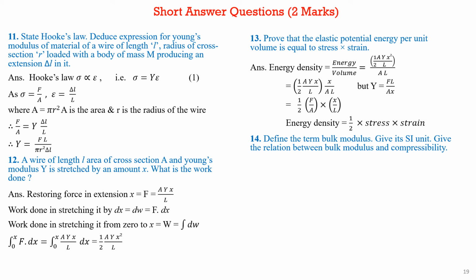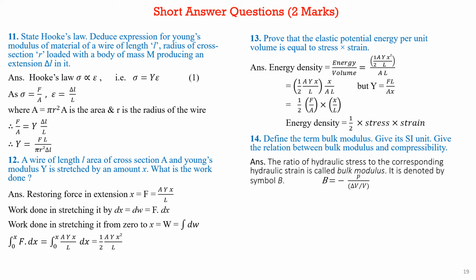Question number 14. Define the term bulk modulus. Give its SI unit. Give the relation between bulk modulus and compressibility. The ratio of hydraulic stress to corresponding hydraulic strain is called bulk modulus. It is denoted by symbol capital B, that is equal to minus of P by delta V by V, where B is the bulk modulus, P is the pressure, delta V is the change in volume and V is the volume.